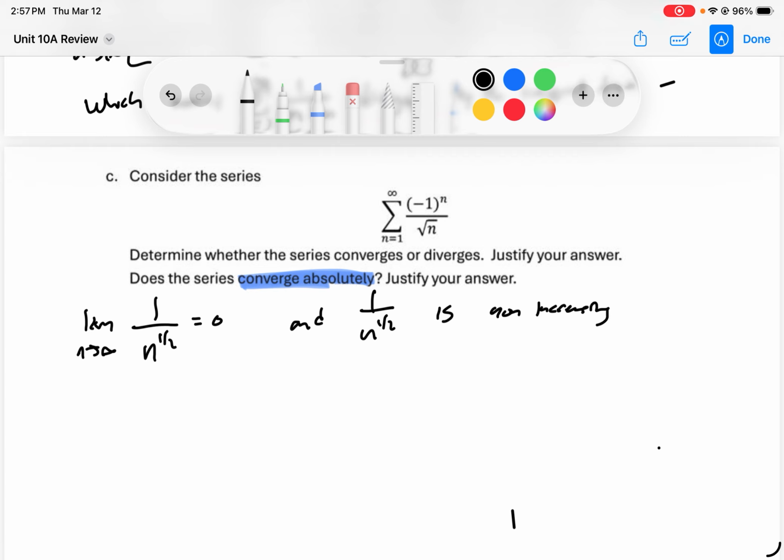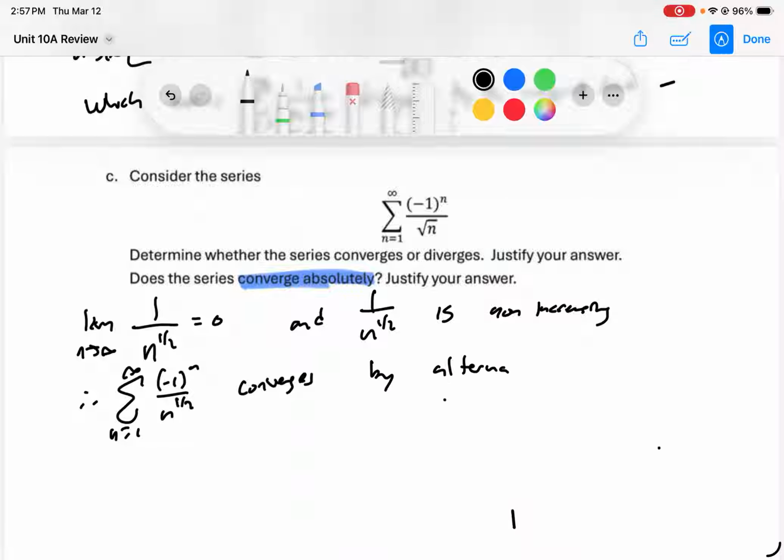If I plug in values for n that get bigger, the bottom gets bigger, but the top stays the same. So overall, that number gets smaller, but it's non-increasing. Therefore, the alternating series converges by the alternating series test.